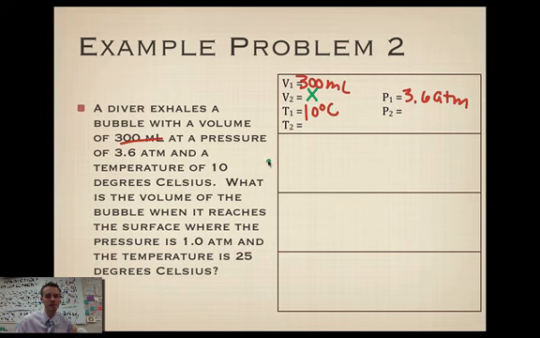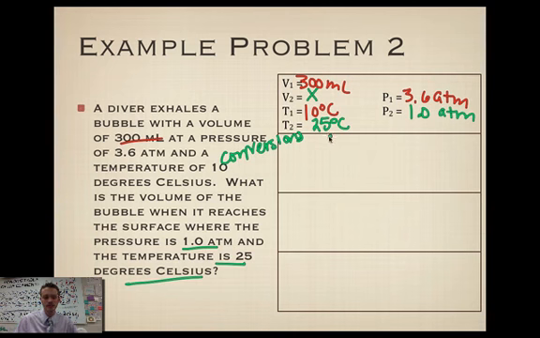What is the volume of the bubble when it reaches the surface where the pressure is 1 atmosphere and the temperature is 25 degrees Celsius? Once again, those degrees Celsius should be screaming out at you. So my second step, I'm going to say, what are my conversions? Once again, I only have to do my degrees Celsius.